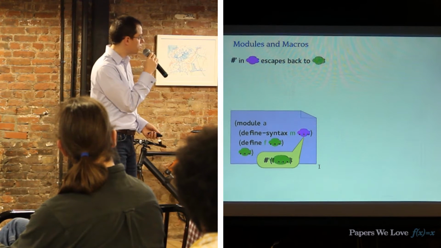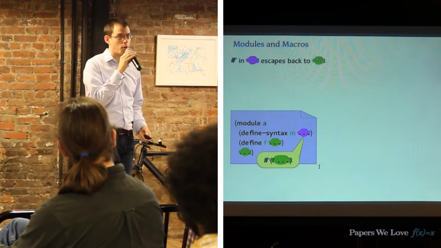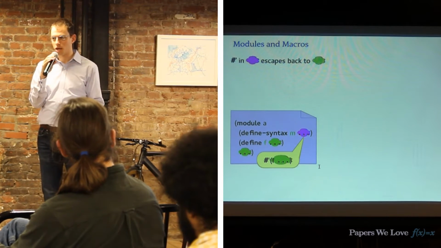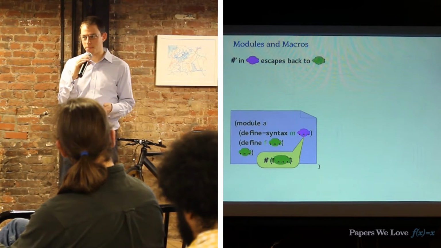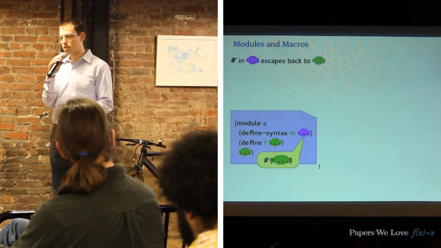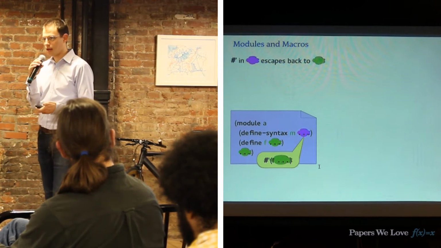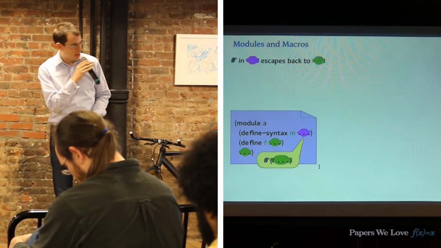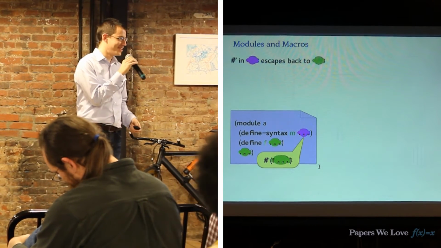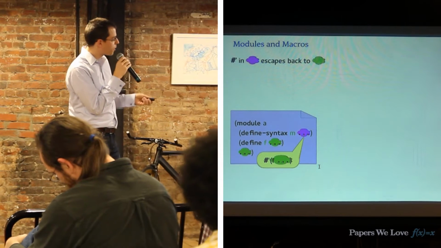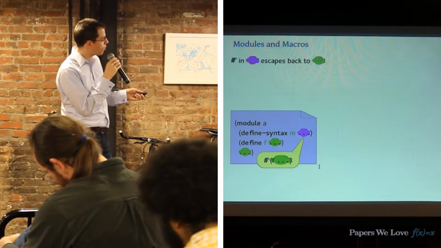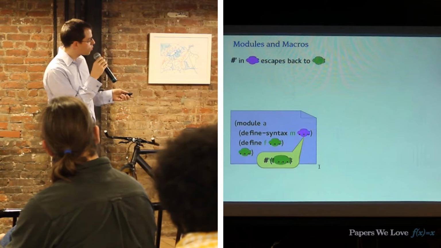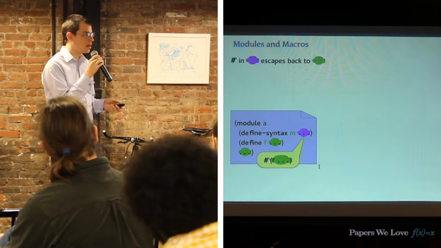So another important thing to note is that the purpose of a macro is to generate a program. And that program that you generate is going to be run at runtime. Well, at somebody's runtime. So when we write quote, this is actually called syntax quote, this is the syntax quote form in Racket.